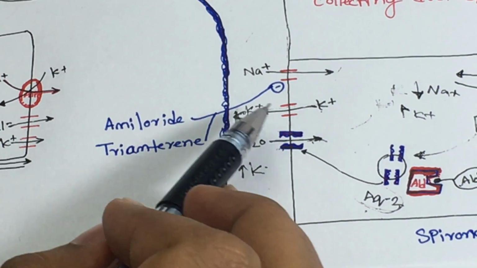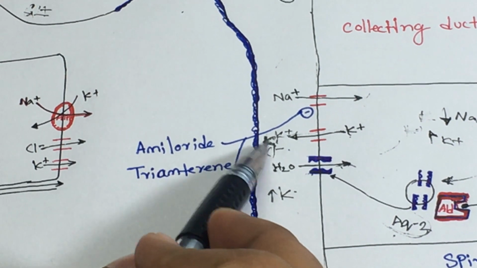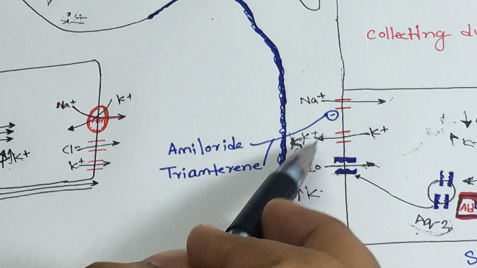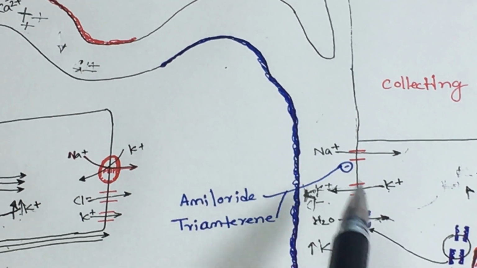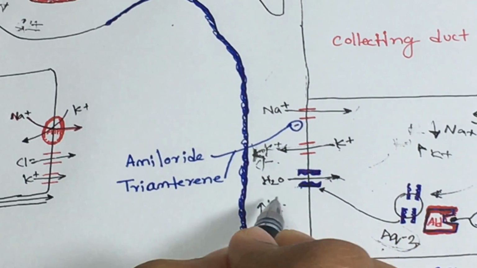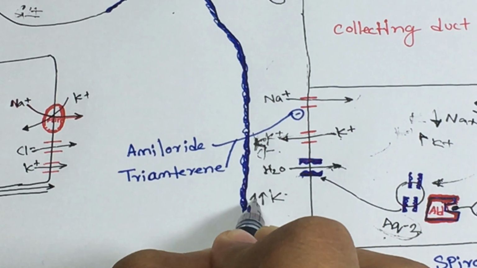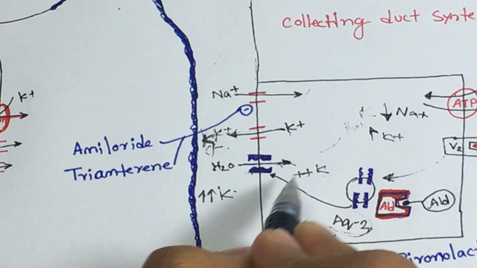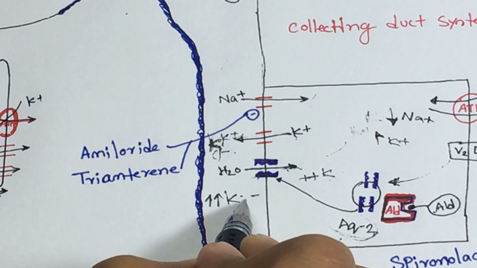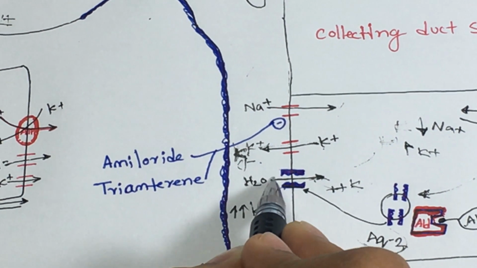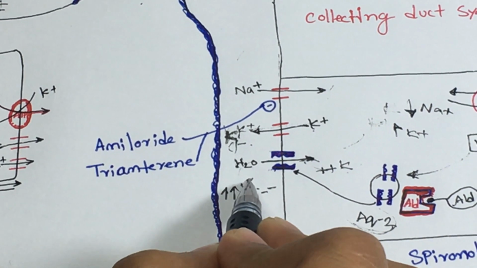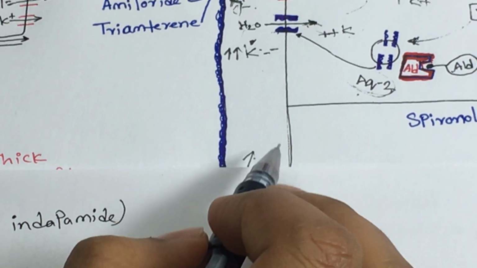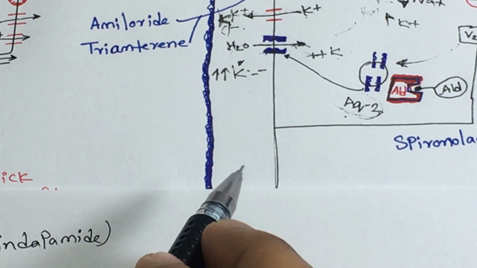That means the potassium which was in front of these principal cells has been washed out because of increased tubular flow. So the concentration gradient will be increased, because the concentration is high in this area and low in this area. So from this area potassium will come into the tubular area and eventually be excreted. That means we are losing blood potassium.